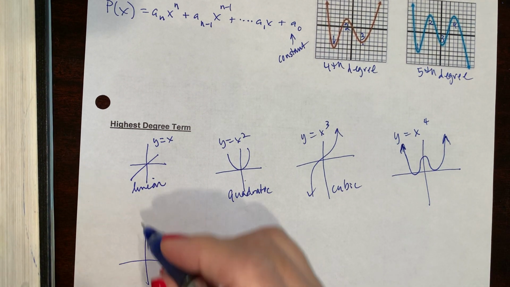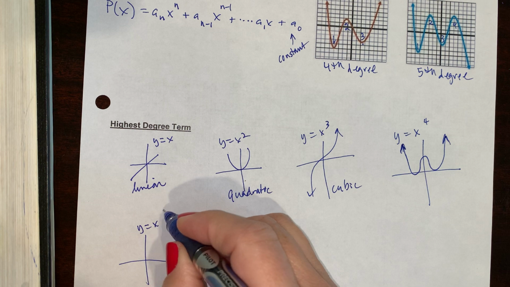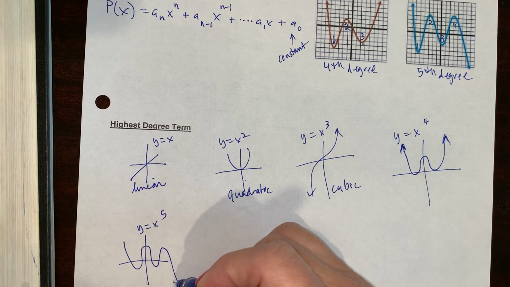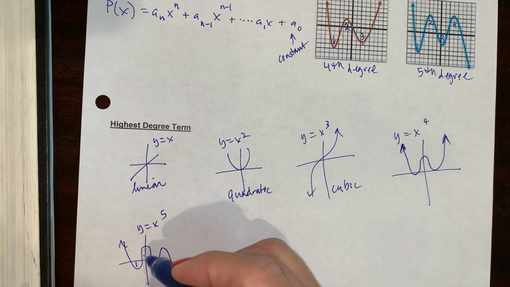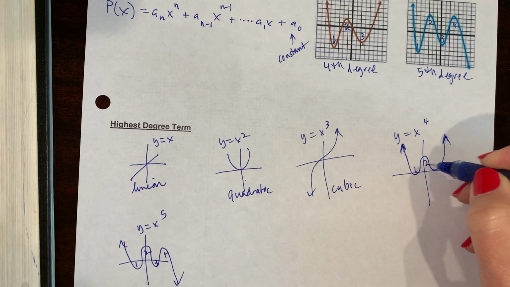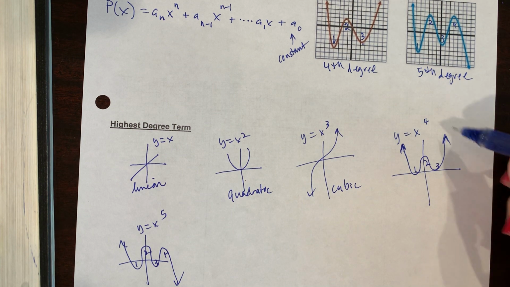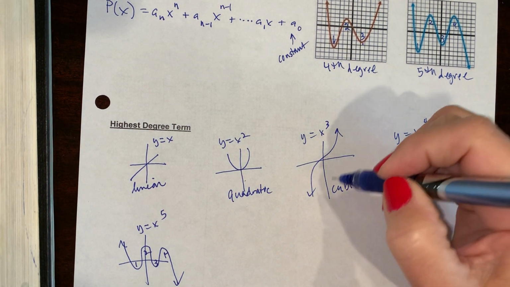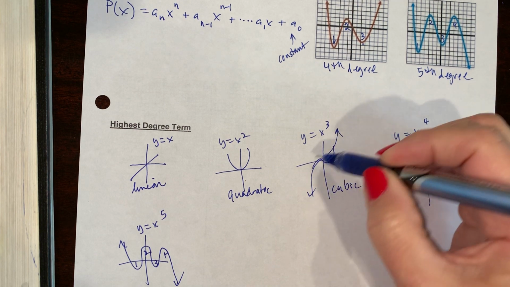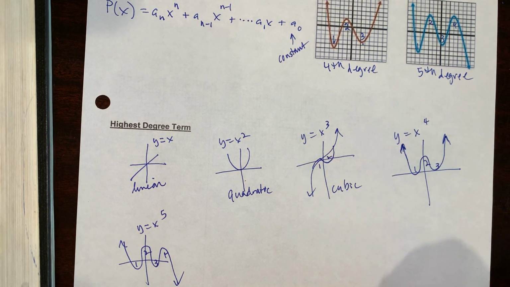Then here's y equals x to the 5th. That means there are 4 bends, where this one had 3 bends. So it's always one number higher. This x to the 3rd could have a little bend, or it could have 2 bends in it.